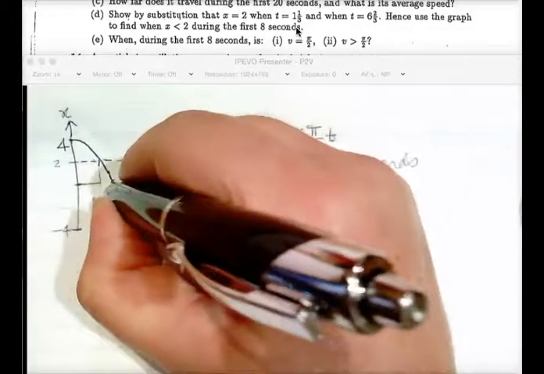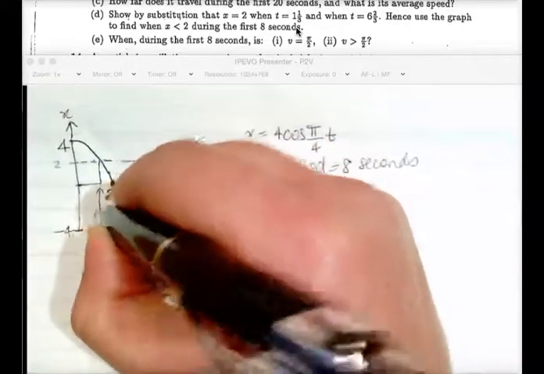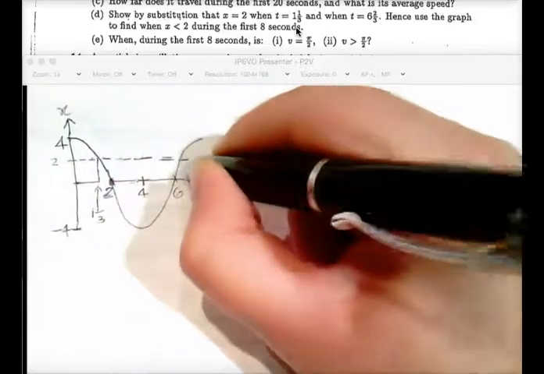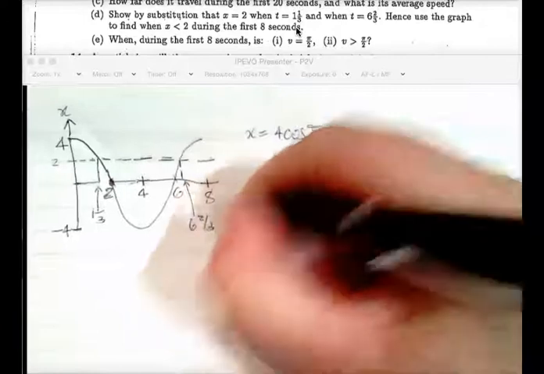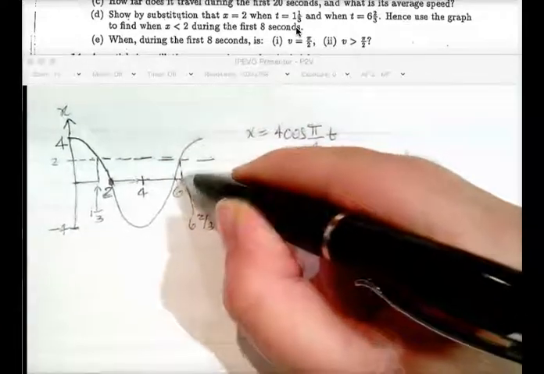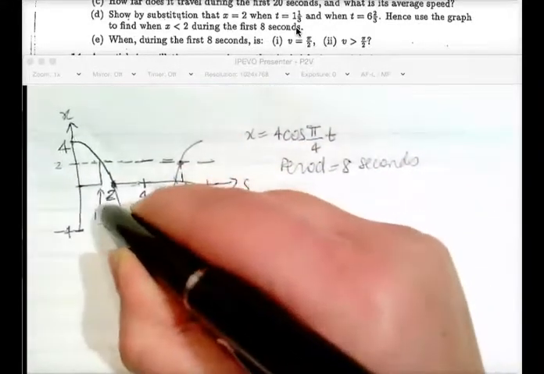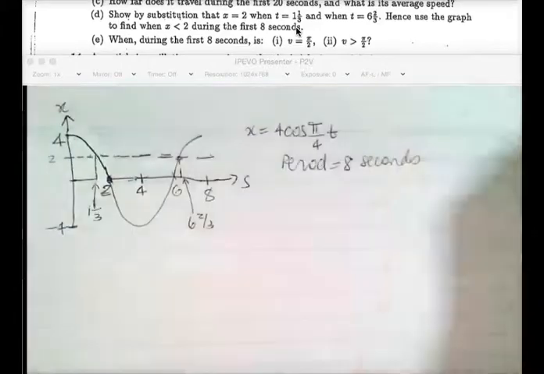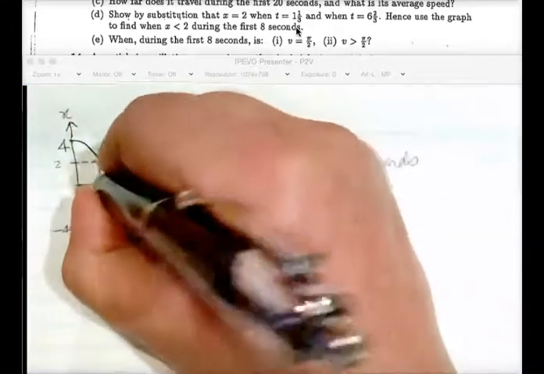Here this point is time is 1 1/3. And here, time was 6 2/3 seconds. Okay, so we can see that when time is a bit over 6 2/3, x is 2, and when time is 1 1/3, we get that x is 2 as well at this point here.